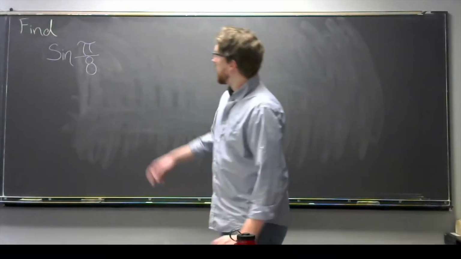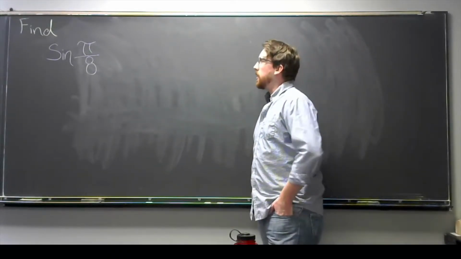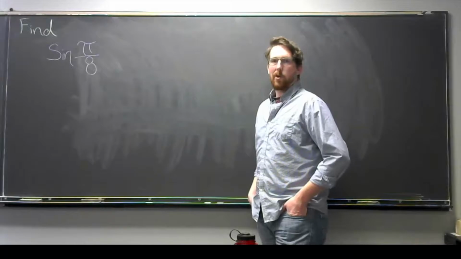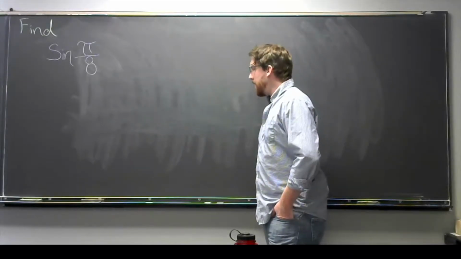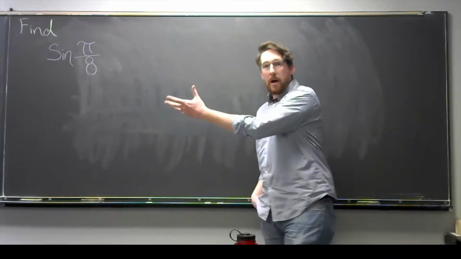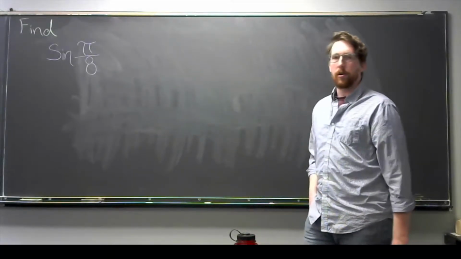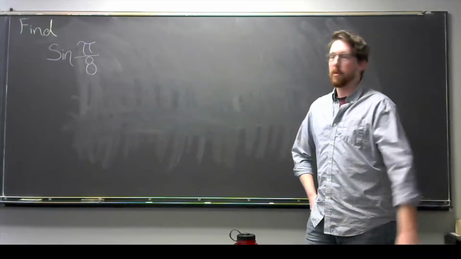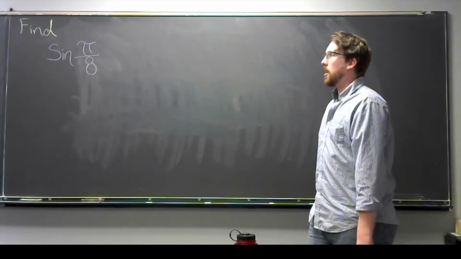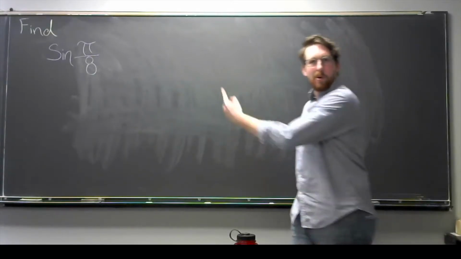Having said that, for this first example, we want to find the sine of pi over 8. Now, looking at this, I have no clue what the sine of pi over 8 is, right? Like, none of us do. Nobody has that memorized. Or at least I assume nobody has that memorized. It's kind of like the people who memorize pi out to 100 digits. Why would you have that memorized?